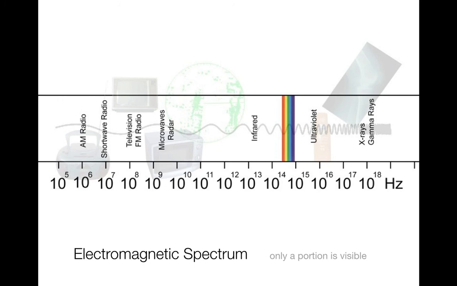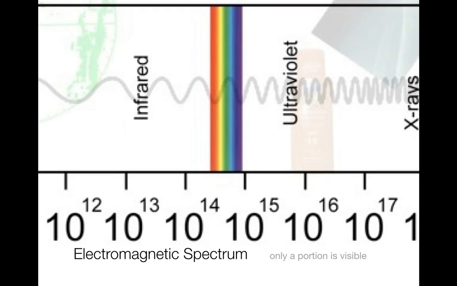We think of light and radio as 2 separate things, but actually they're the same thing. They're all part of the electromagnetic spectrum, and as humans we can sense a portion of that with our eyes. Certain frequencies of that we can detect.